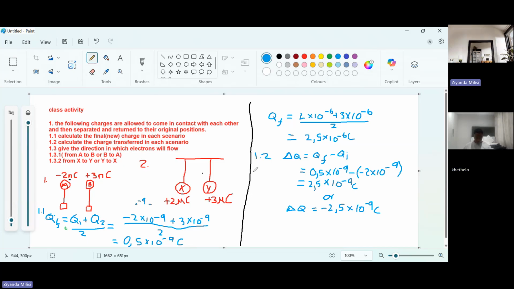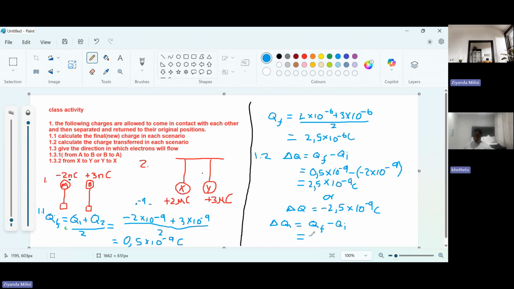Then for scenario 2, you use the same formula. Change in Q is Q final minus Q initial. What is Q final here?